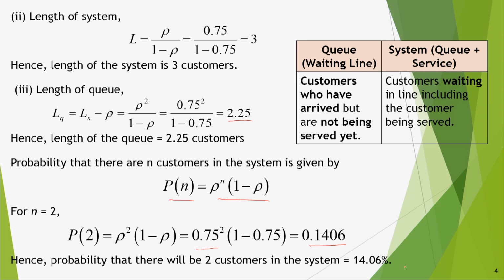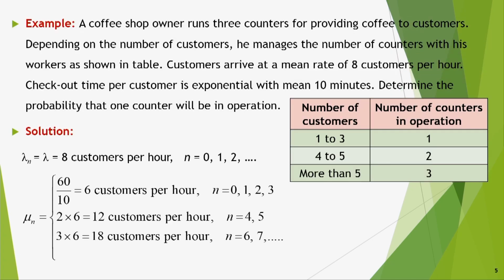No, it will not be like that, because Ls is equal to Lq plus rho. Rho means lambda by mu.